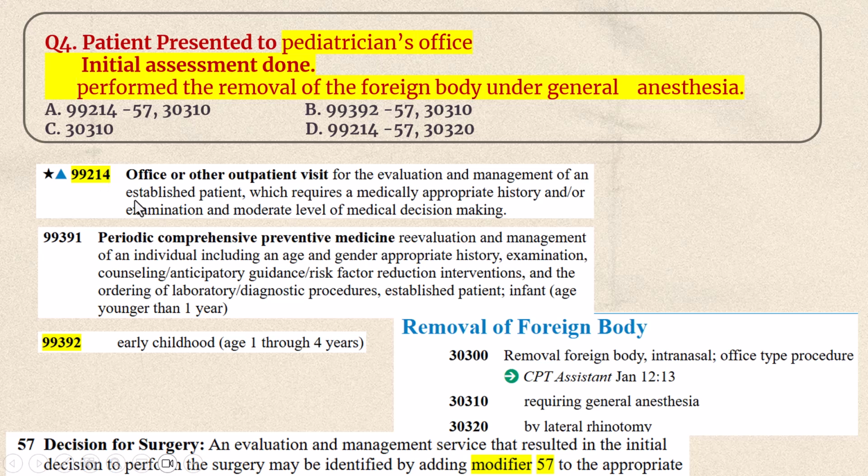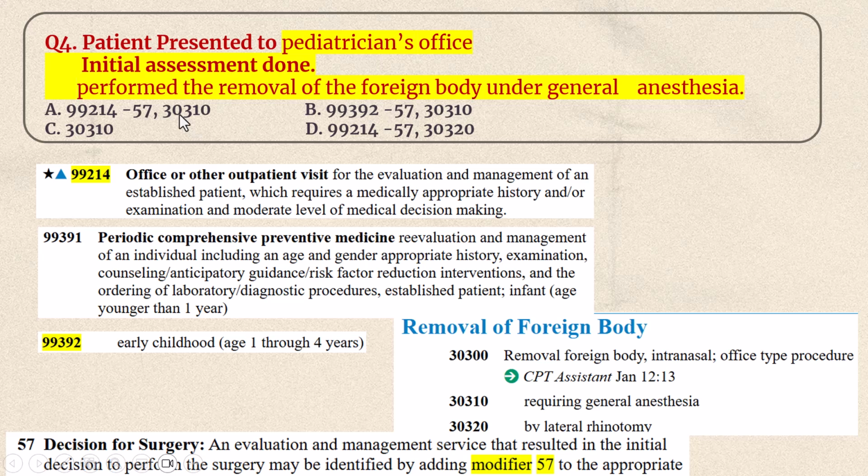So that is the exact scenario here in the patient's encounter. If you see the other answer, 99392, that is a continuation of 99391, that is periodic comprehensive preventive medicine. So that is not relevant to this case. So you can omit that answer. So here you can use 99214 as the first code. This is for the evaluation and management part.